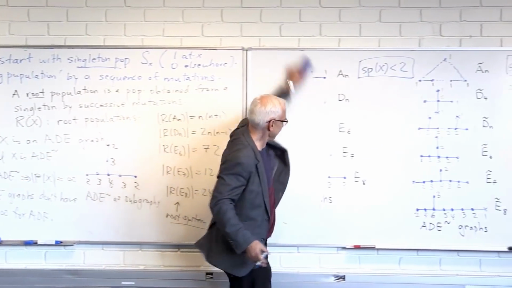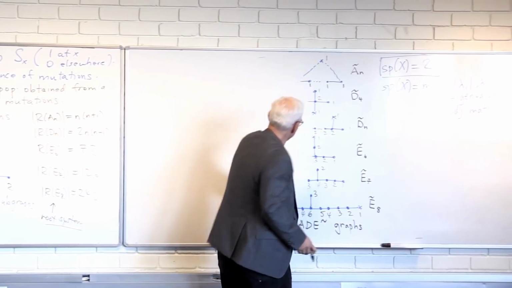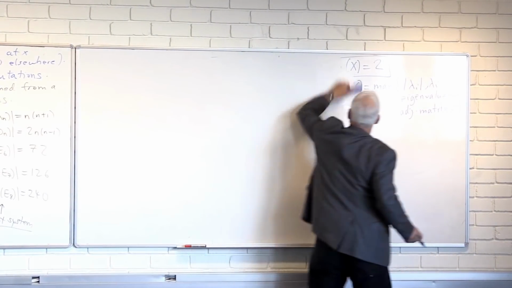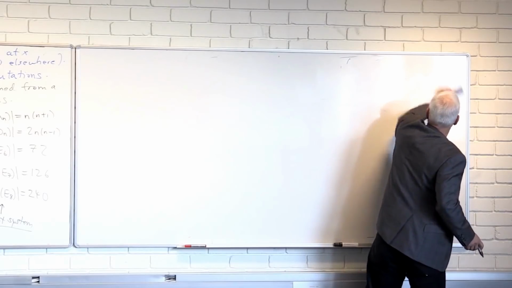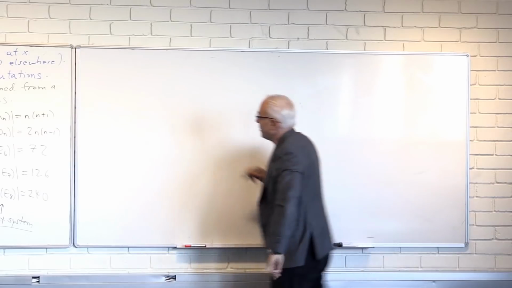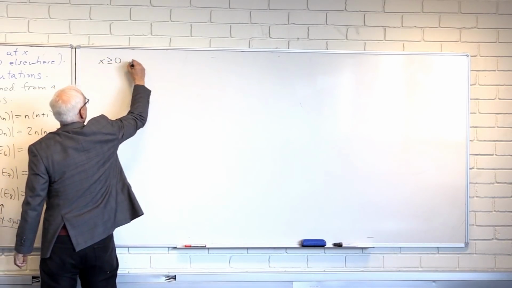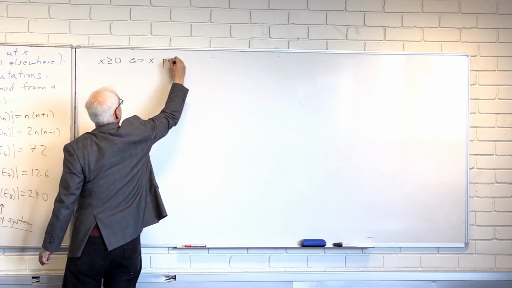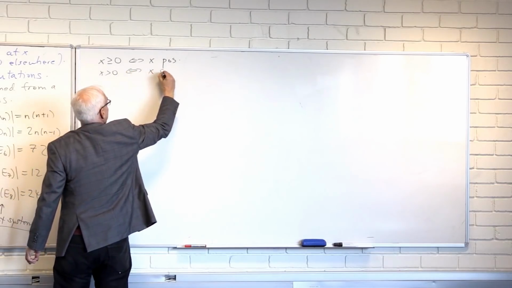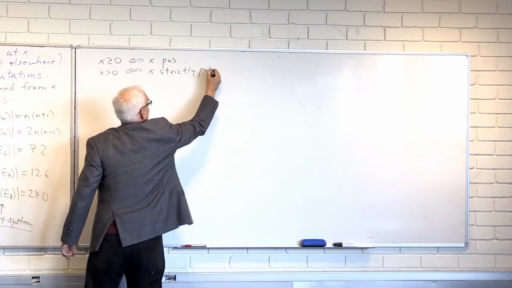Sorry to rub out the stars here. So to tell you this other important fact, let me just establish that for me, x greater than or equal to 0 is the same as saying that x is positive. And if x is greater than 0, I'll say that means that x is strictly positive. Okay, so I'll use those.